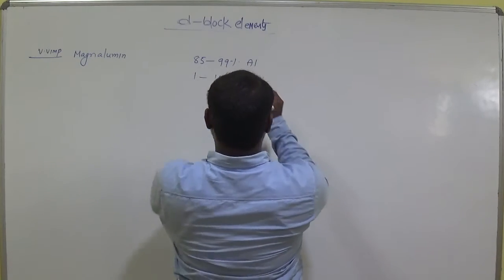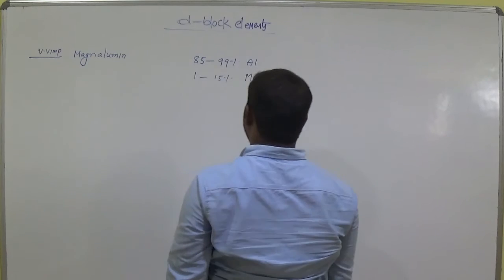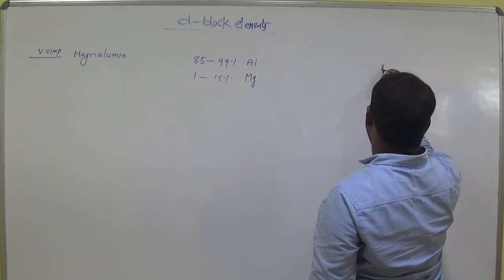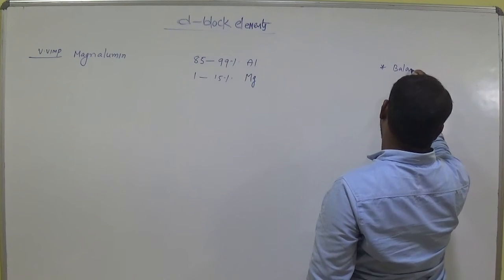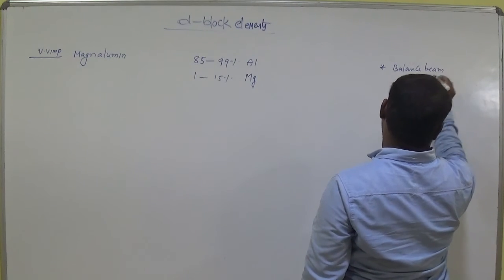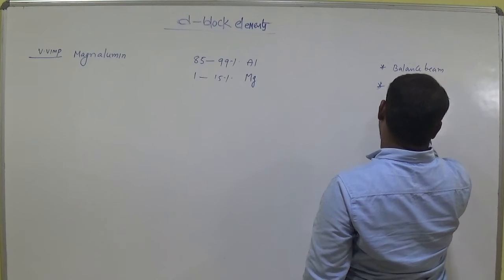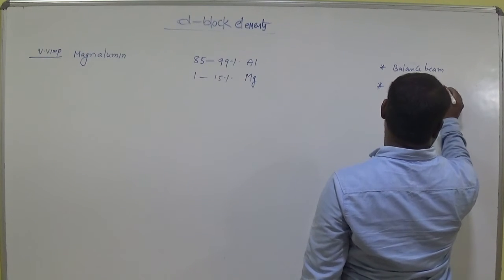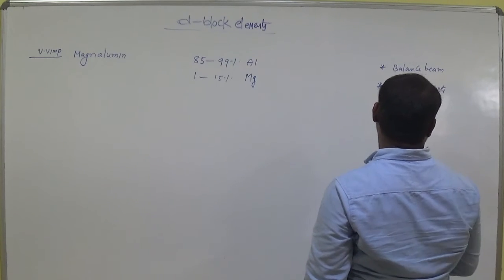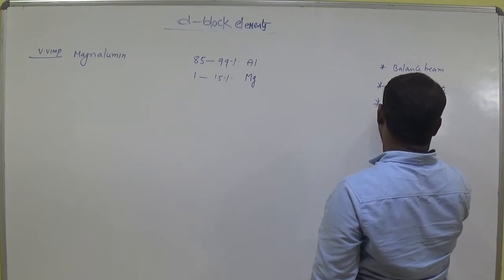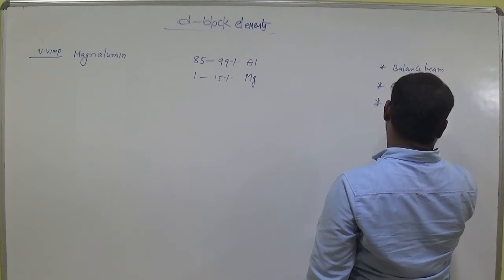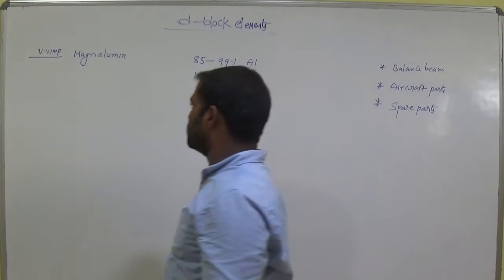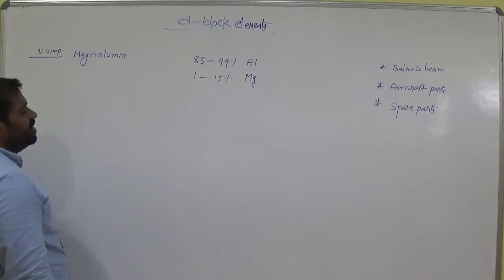Magnalumin, magnesium is there, so I have to write magnesium. This is the composition. By using this we can prepare balance beams, aircraft parts and spare parts of machines. In the automobile industry, spare parts you can prepare. Magnalumin, very important.